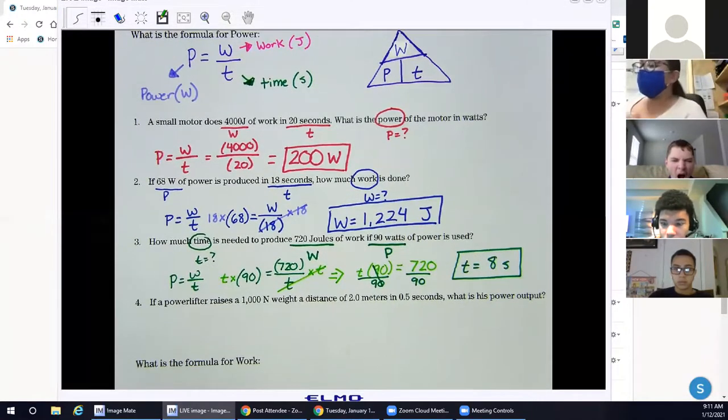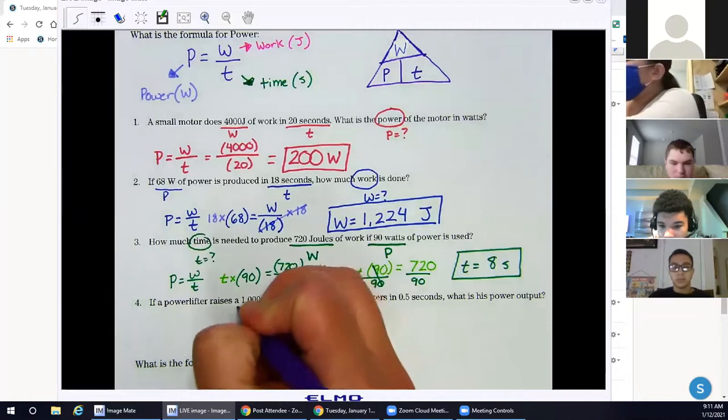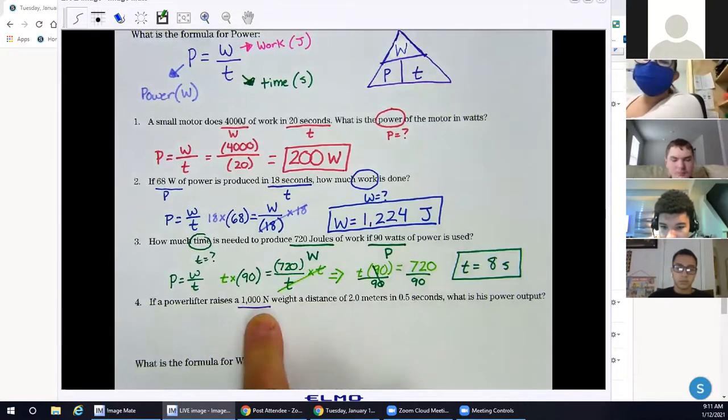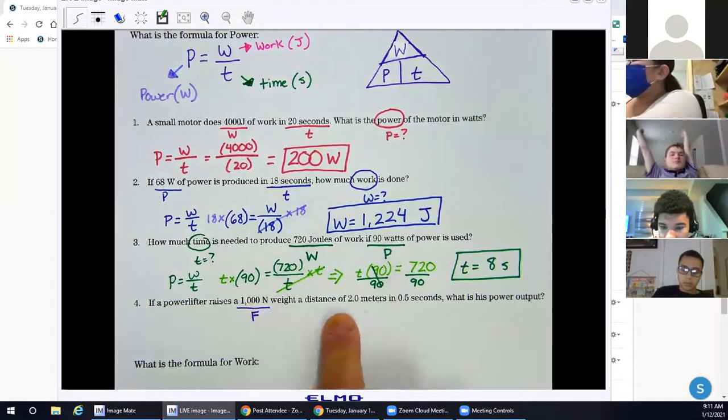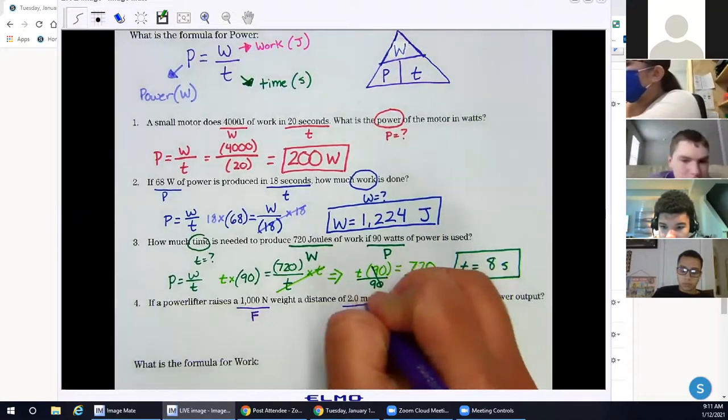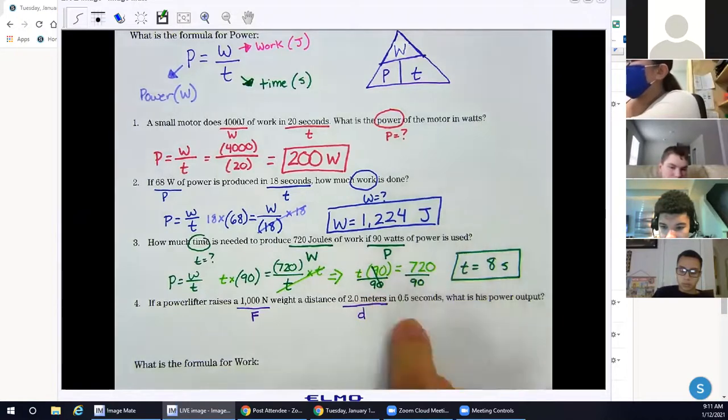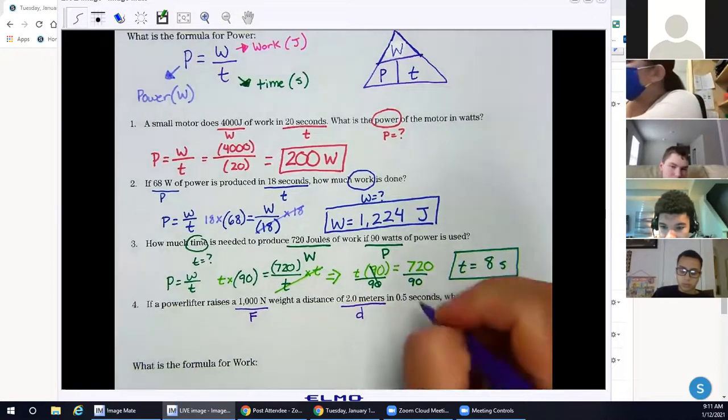All right, number 4. If a power lifter raises a 1,000 Newton weight, so remember Newtons measures force, a distance of 2 meters, so meters measures distance, in 0.5 seconds.